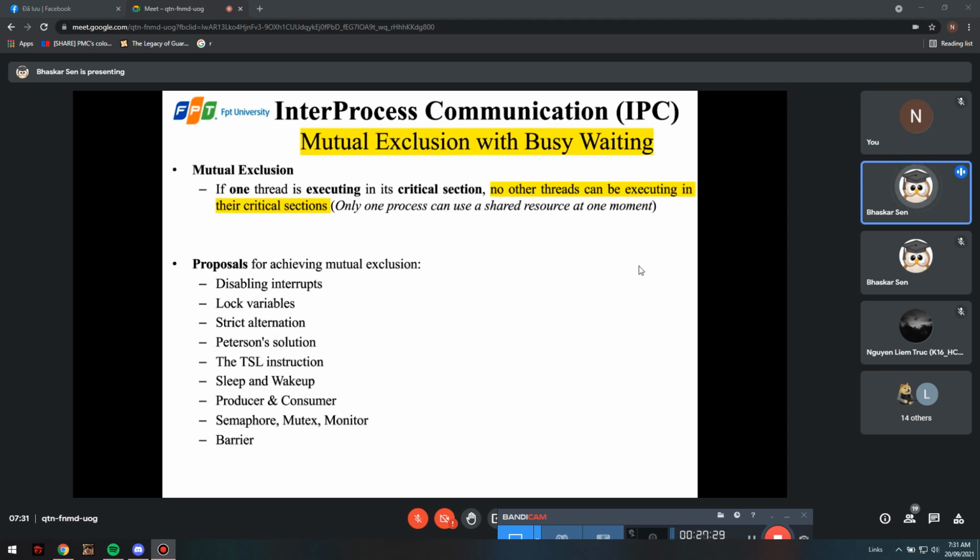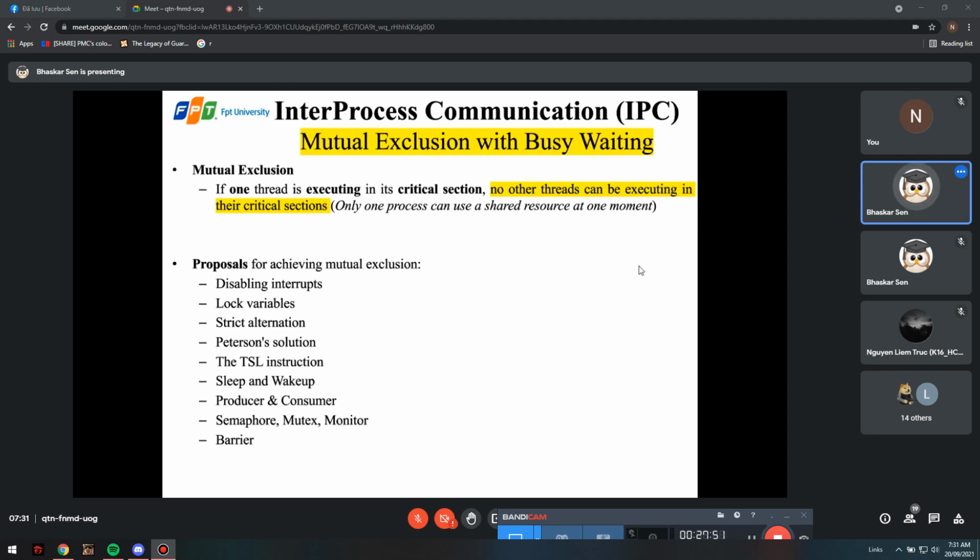Now, what is busy waiting? Well, most of the time, when you enforce mutual exclusion, or when we think about mutual exclusion, one of the biggest problems that we have to deal with, of course, in terms of IPC, as I said, is that we have to enforce and ensure mutual exclusion.